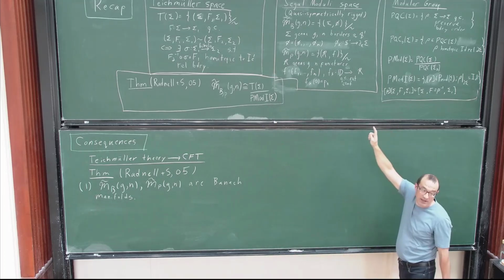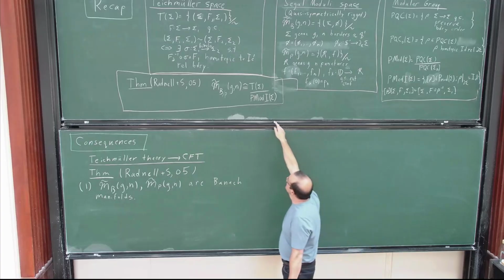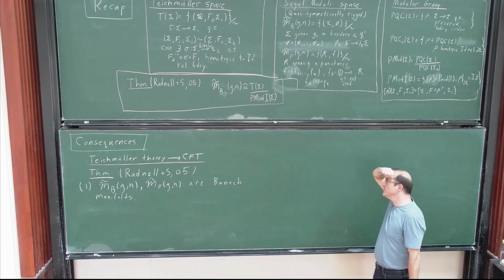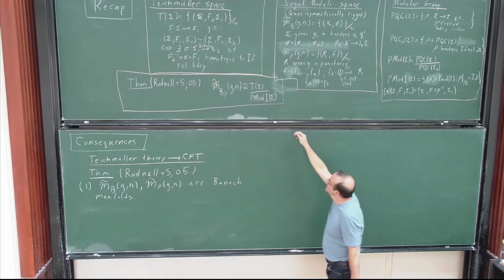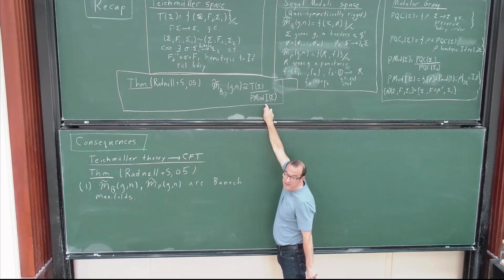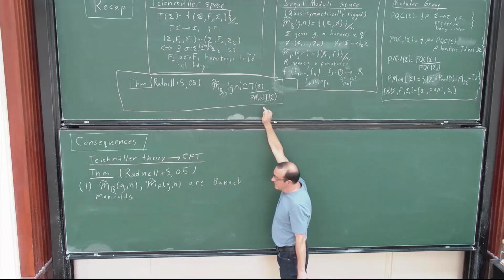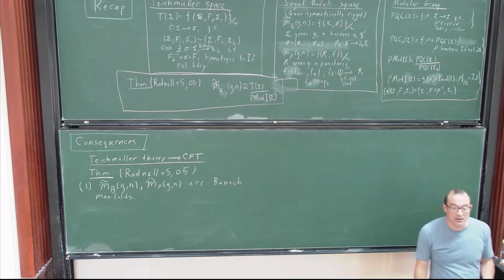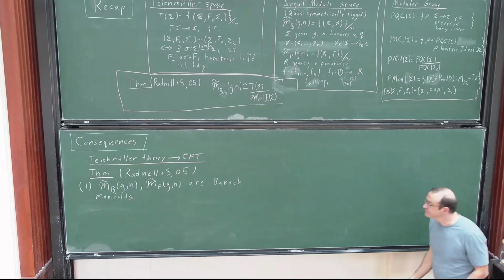That's essentially a classical fact. For the fixed point freely part, we had to beef up some known theorems, and we were able to show that. But once you have that, this is acting by a discontinuous group of biholomorphisms, and therefore these quotients are also Banach manifolds. So we have a complex structure.